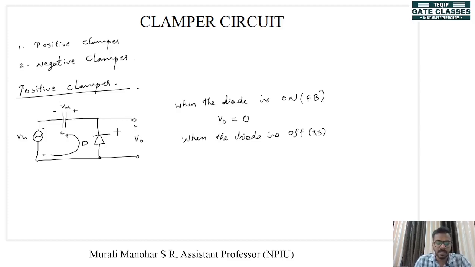So let me change this, because this is not the actual direction of V in. We can say that this is the actual direction of V in. So when the diode is off, it is open circuited. So when the diode is open circuited, what will be the value of Vout? Vout will be equal to Vin plus the capacitor voltage, which is now clamped to Vm. So we know that Vin is Vm sin omega t. So output is Vm sin omega t plus Vm.